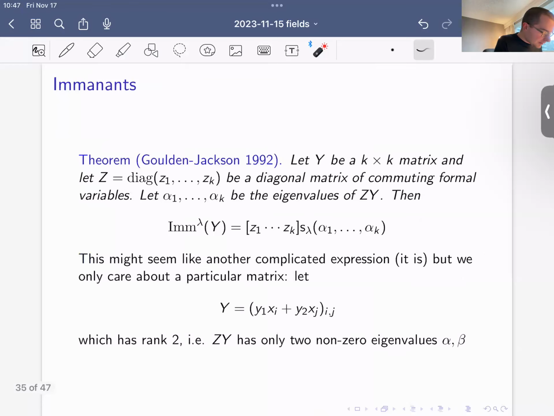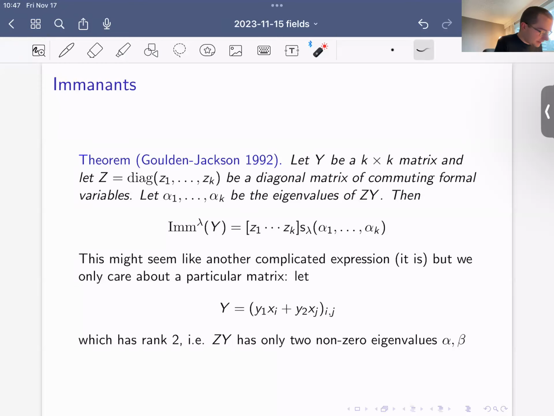And so if you understand what all of this notation means, you might think that this is just another really complicated expression, which it is. But the key thing is that we only care about a particular kind of matrix. So we only care about this kind of rank 2 matrix where the entries are y1 x_i plus y2 x_j.